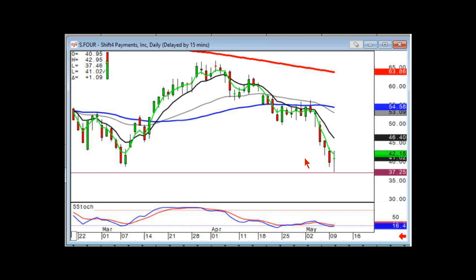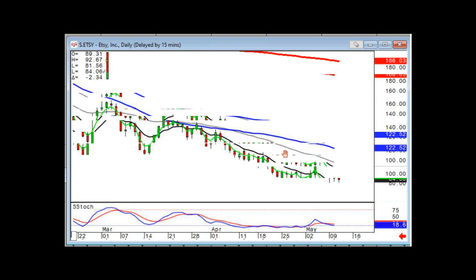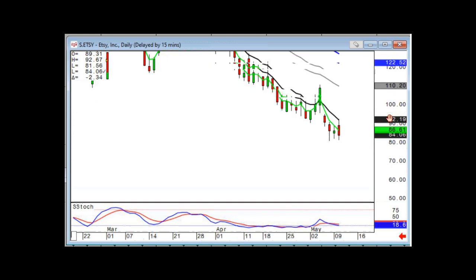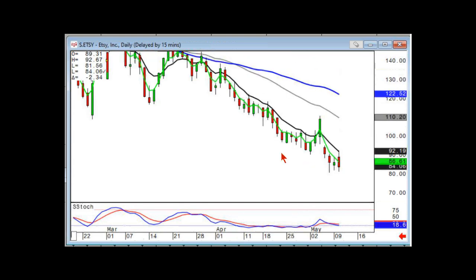And Etsy. There was wave 1, and there was wave 2. Now, that's not what I wanted. Etsy. Look what created this bearish J-hook pattern. Here's your kicker type signal.